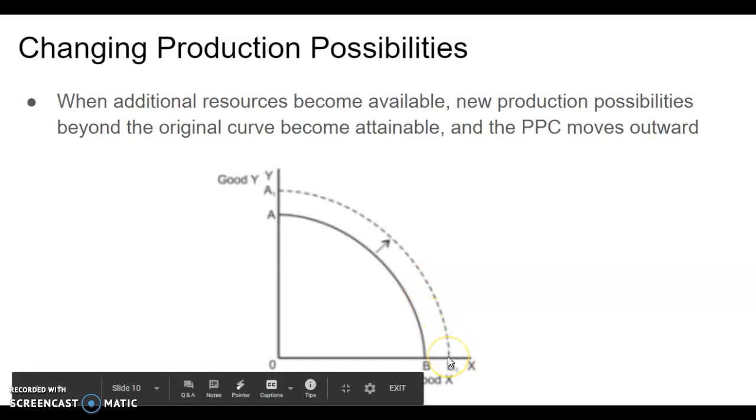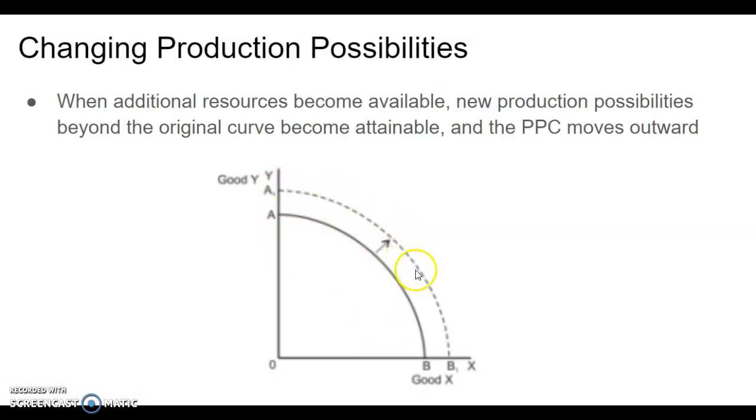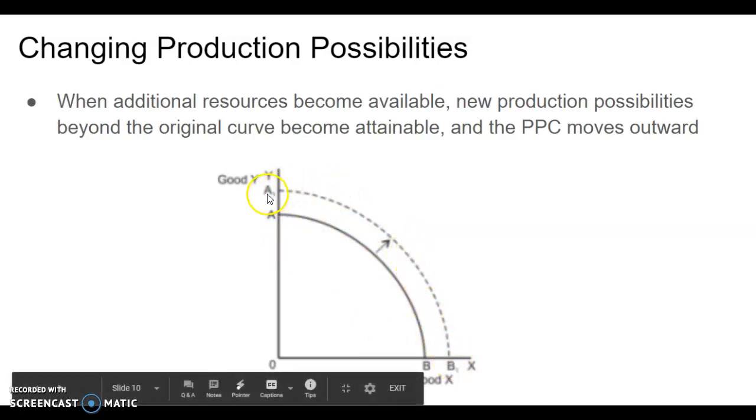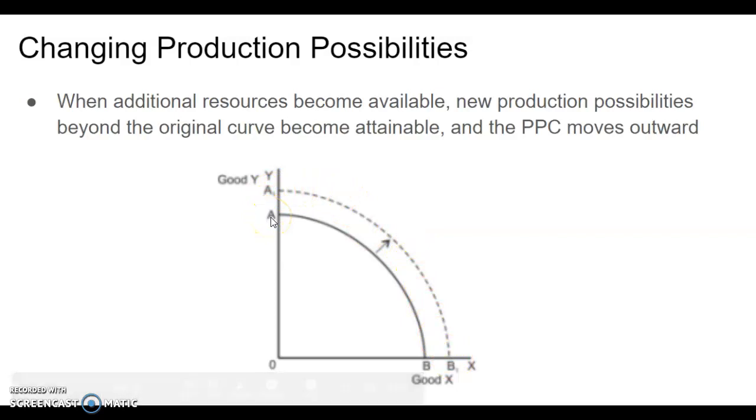If you have a natural disaster or a recession or something of the sort where you lose resources, your PPC will shift to the left. We demonstrate this by drawing a new PPC, labeling it different from your original one, and then drawing an arrow showing the shift in which you are going.